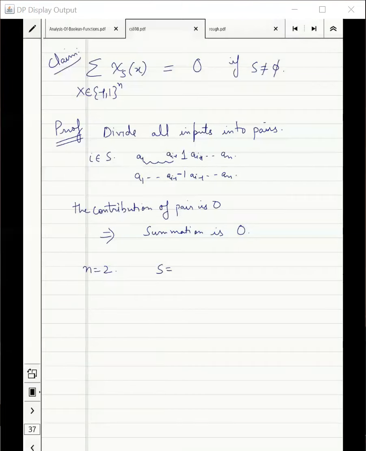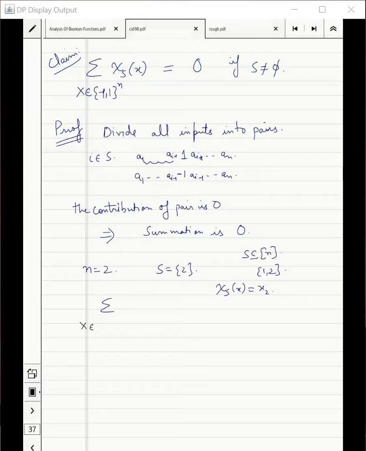It's a subset of [n]. Pick any subset of {1, 2}. Okay, 2. Right. And now, if you take this as a subset, what is chi S(x)? This is just x2. There is just one variable.